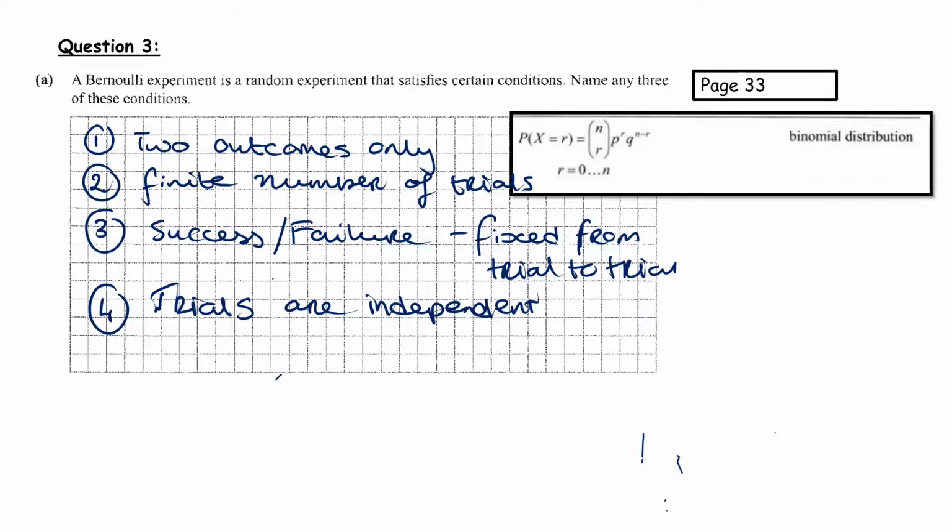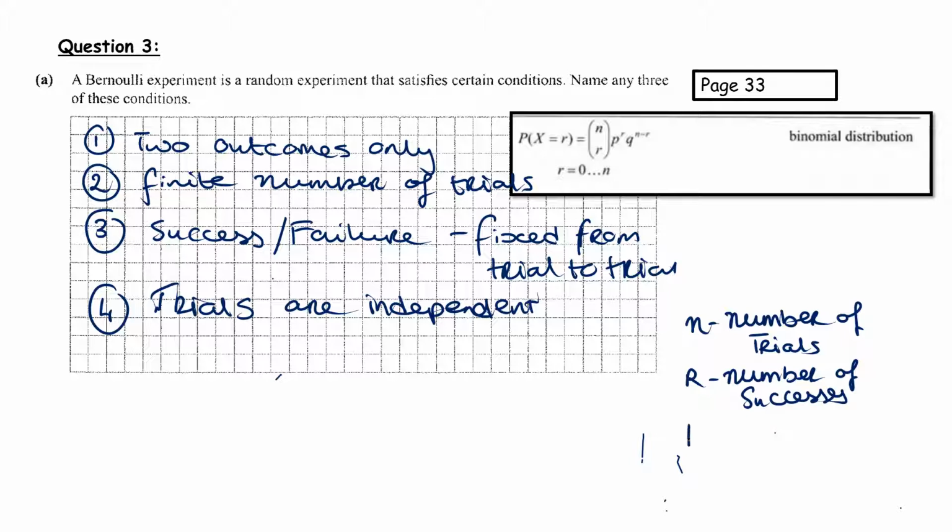It's also known as the binomial distribution, and it's given as n choose r, p to the power of r, q to the power of n minus r, where n is the number of trials and r is the number of successes, and p is the probability of success, q is equal to 1 minus p, and that's the probability of failure.